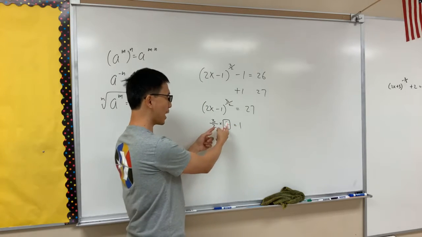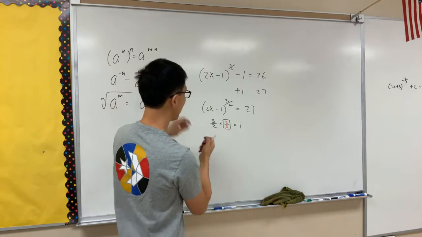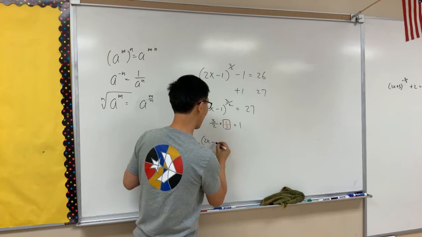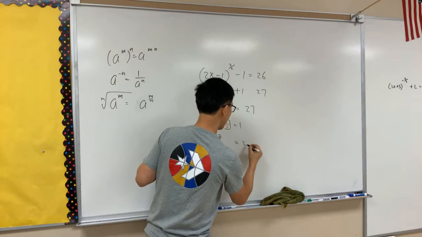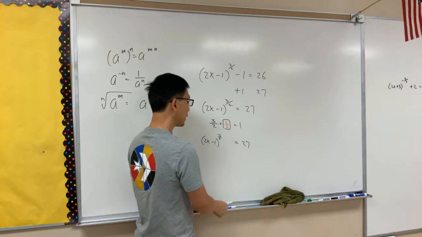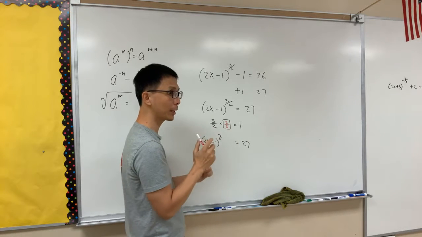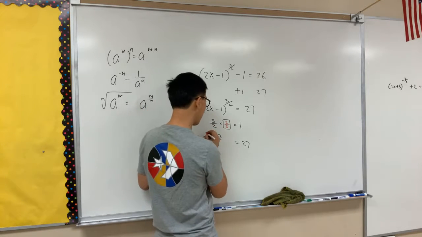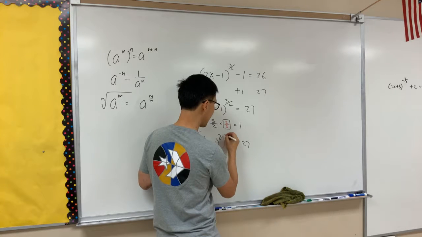Then we're going to use that to get rid of this, using this rule. We're going to rewrite this: 2x minus 1 to the 3 over 2 is equal to 27, and then we apply the same thing to both sides. It's not multiplying in this case, it's actually the power on both sides. Now we apply this power, 2 over 3.